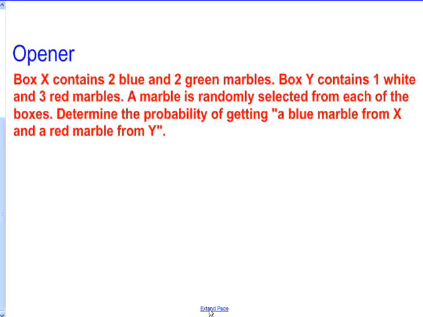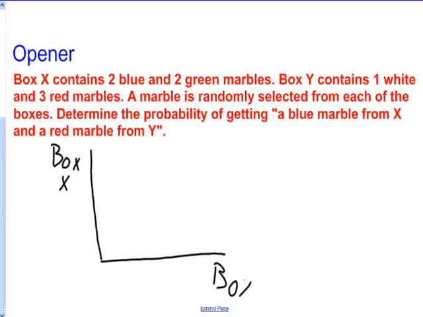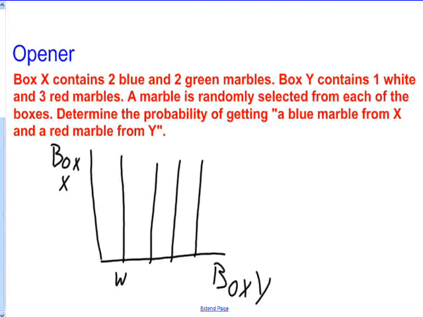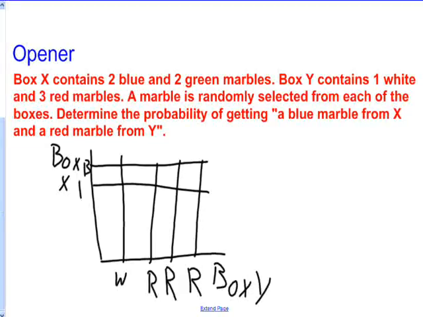So I would draw a 2-dimensional grid where I have box X, and I have box Y. Box Y contains 1 white and 3 red marbles. Now box X contains 2 blues and 2 green marbles.